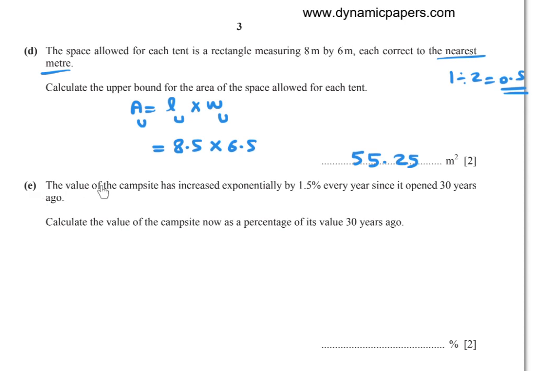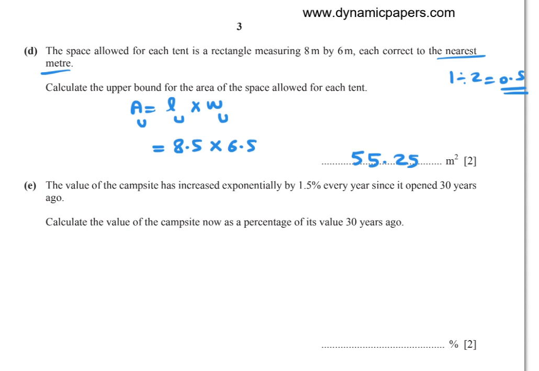E. The value of the campsite has increased exponentially by 1.5% every year since it opened 30 years ago. Calculate the value of the campsite now as a percentage of its value 30 years ago. So we need to find the new value over the original value, then multiply by 100.